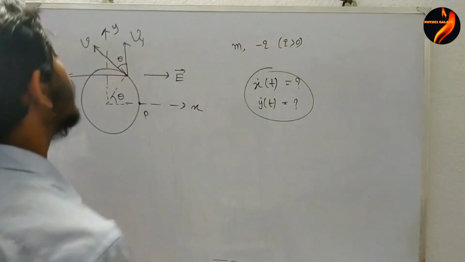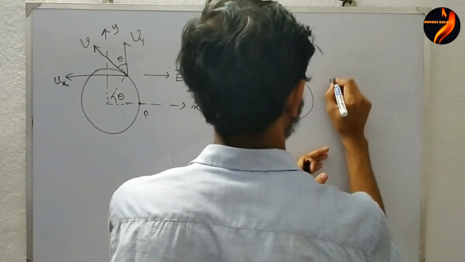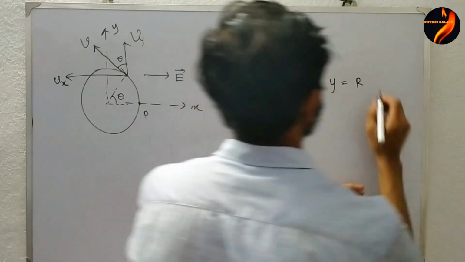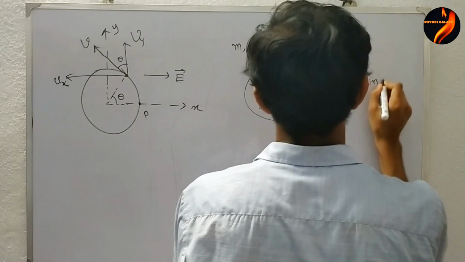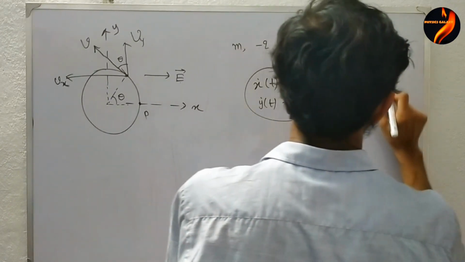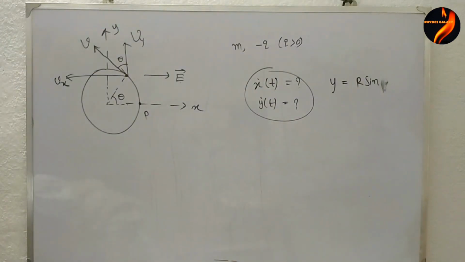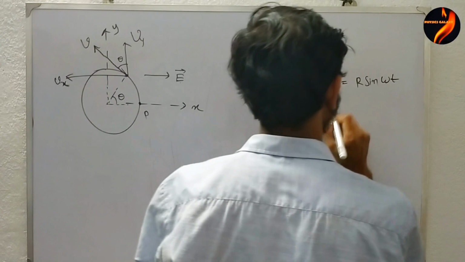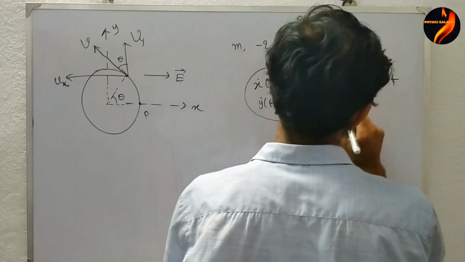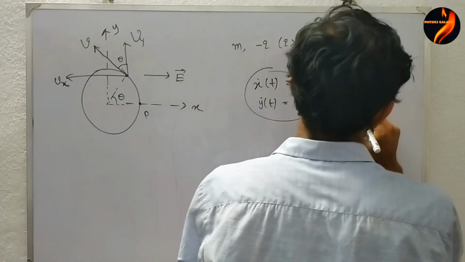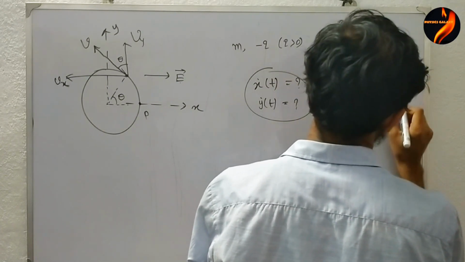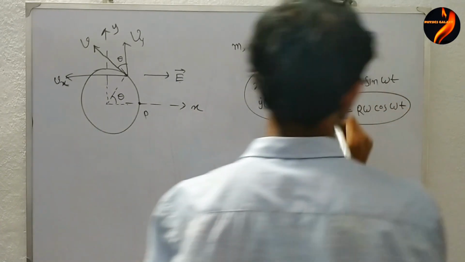So along the y direction, y remains the same as previously calculated, that is y equal to r sin omega t. So y dot is simply r omega cos omega t. So this is y dot.